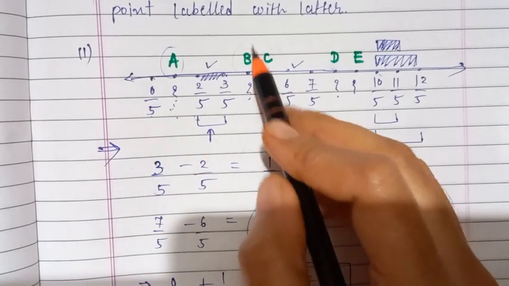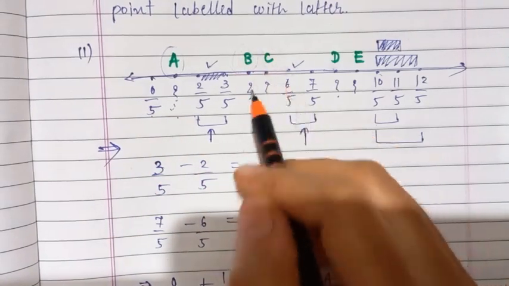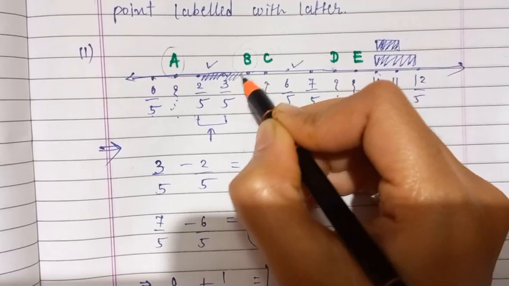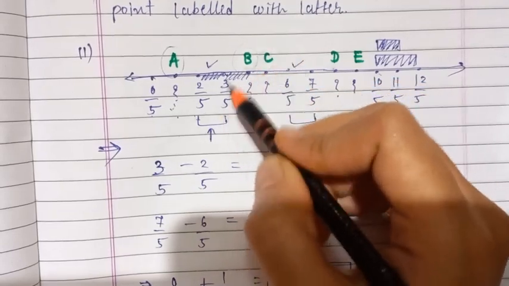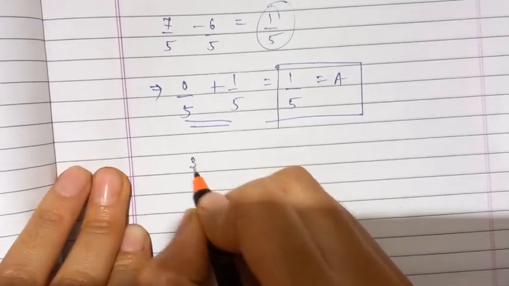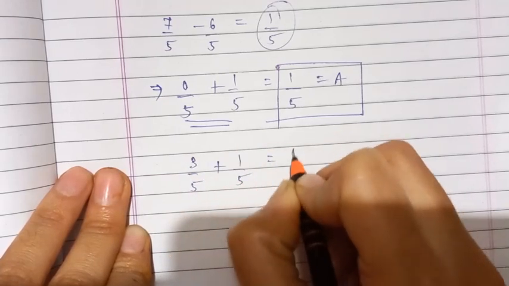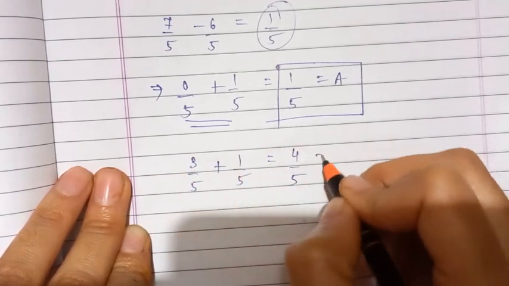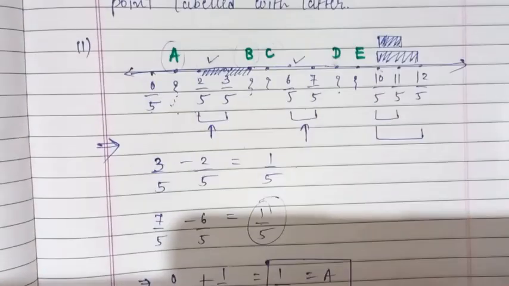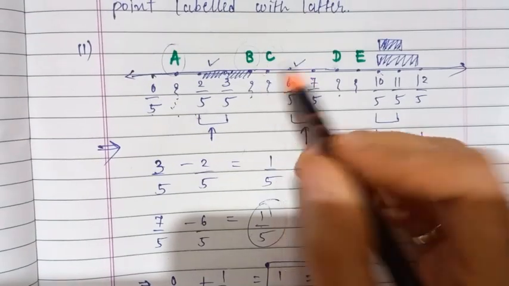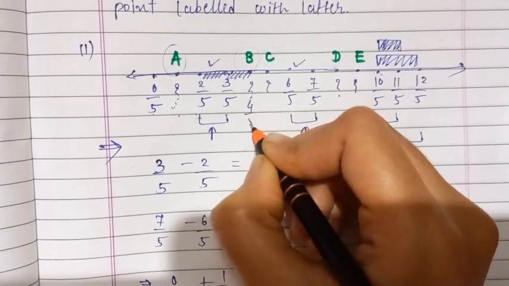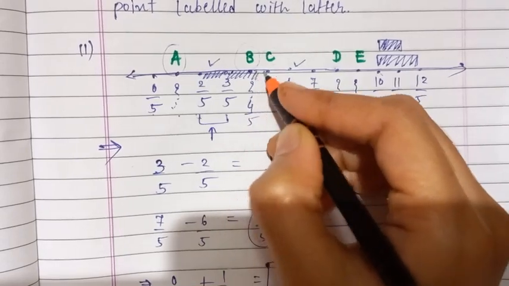Now we have to find B. We simply add the difference 1 by 5 to 3 by 5, and it gives 4 by 5, since 3 plus 1 is 4. So B is 4 by 5. Now we add 1 by 5 to 4 by 5.